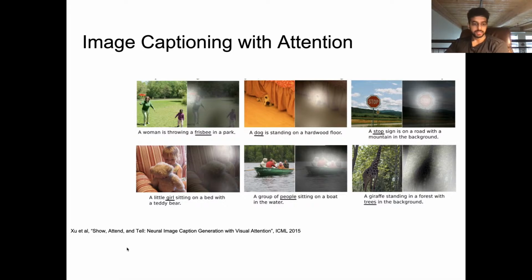These images all come from the Show, Attend, and Tell paper, which introduced the concept of hard attention, and was also probably the most successful image captioning work, or at least the one that made the most impact in this field. That said, these instances are cherry-picked, and if you just did this on a random image, you probably would not be able to make sense of the attention maps.